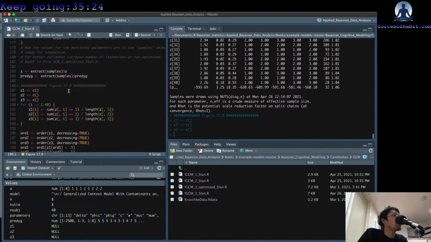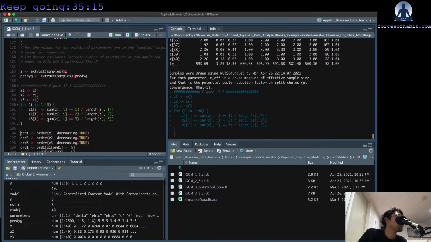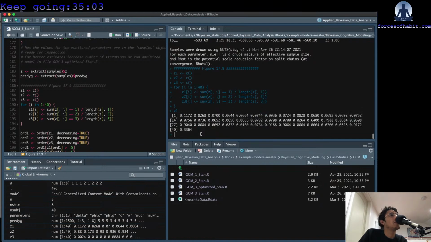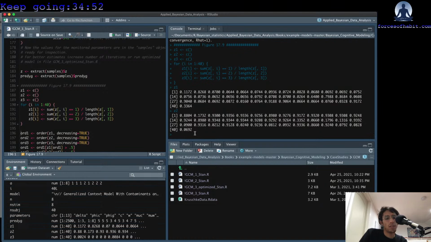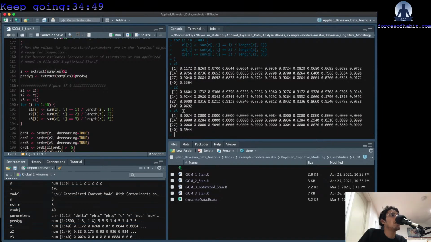Now we just create 3 boxes, and then for each of the z's, we'll take the sum over the length for each of the subjects. So then for Z1, for example, we have the probability of each of the subjects belonging to the first category, and so on. So Z2, probability of each of the subjects belonging to the second. You can see here, subject 1 is most likely in the second.